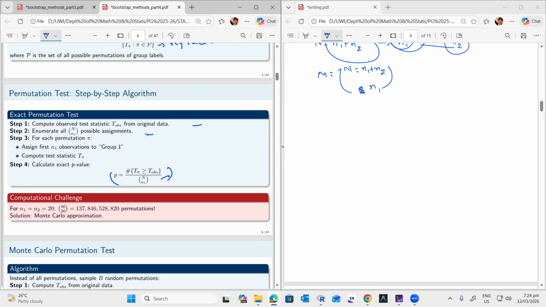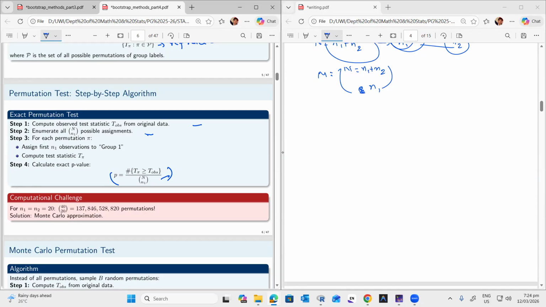And the denominator is the total number of permutations. So the p value is the proportion of the label assignments under the null hypothesis that represent a test statistic at least as extreme as the one we actually observed.